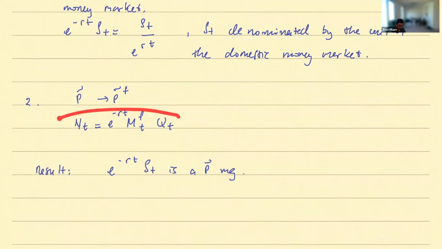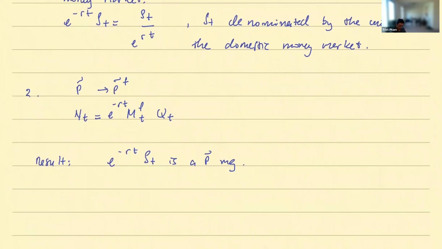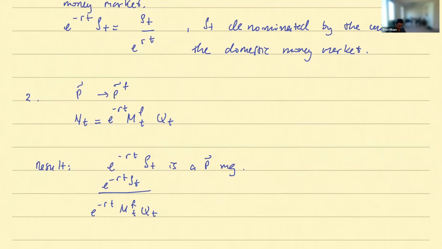So the result says that if you divide e to the minus RT ST by e to the minus RT MFT QT, this will be ST divided by QT, and then e to the minus RFT SFT.